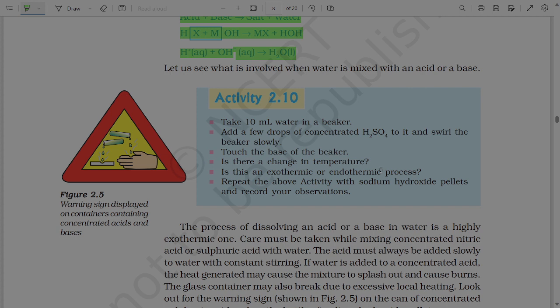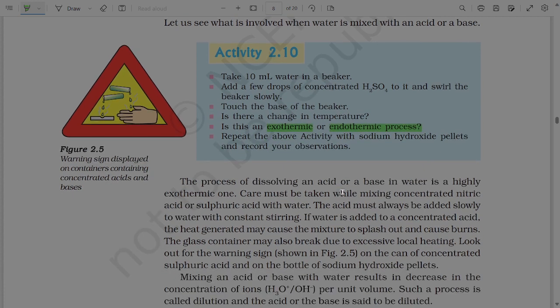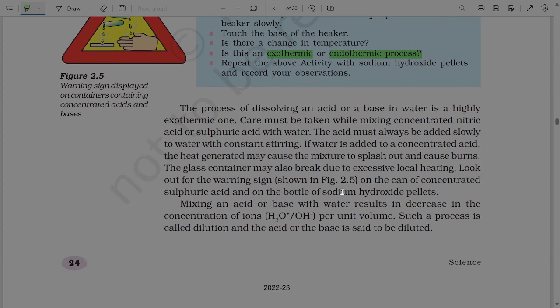That means in endothermic processes the reactants require heat to form products, and in exothermic processes the reactants, while making products, produce heat. Exothermic and endothermic processes are to be noted. Repeat the above activity with sodium hydroxide pellets and record your observation.